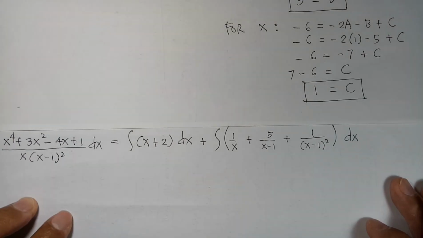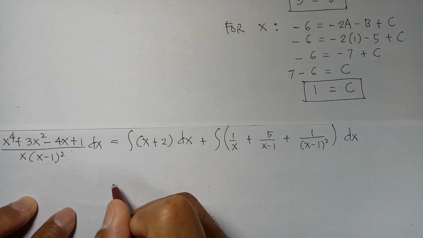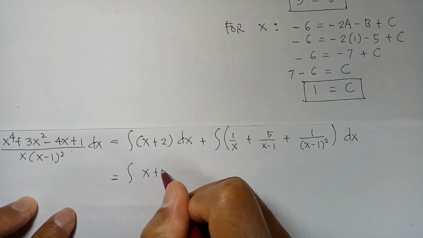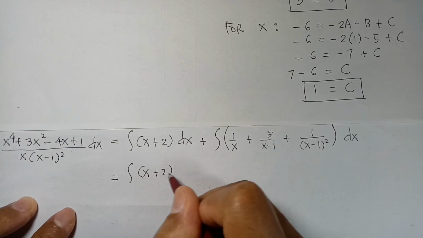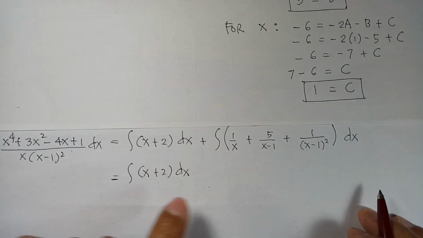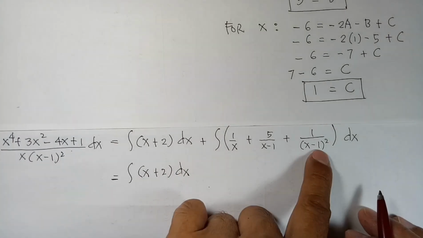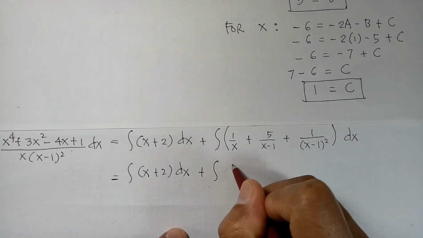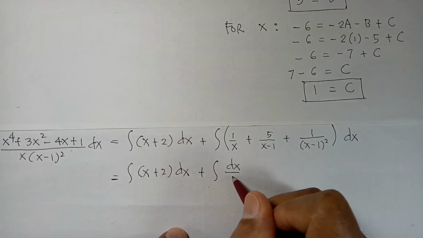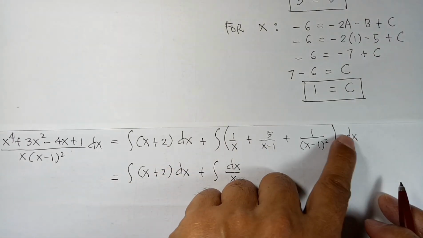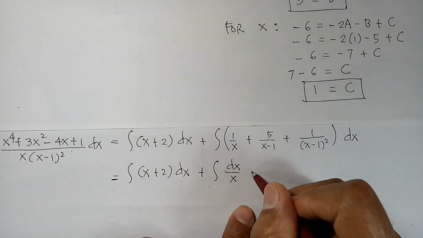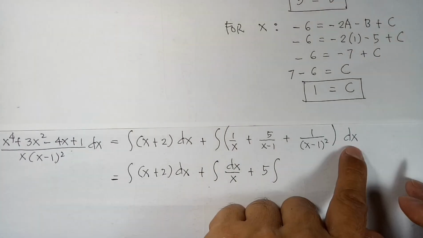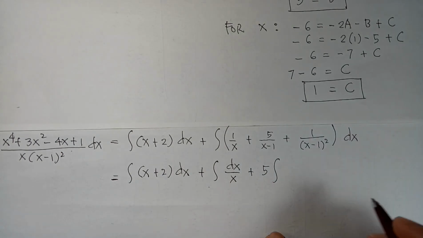Okay, so we will have the integral of x plus 2 dx. Let us separate the integration of each term. So I will have the integral of dx over x, and then plus 5 times the integral of dx divided by x minus 1.